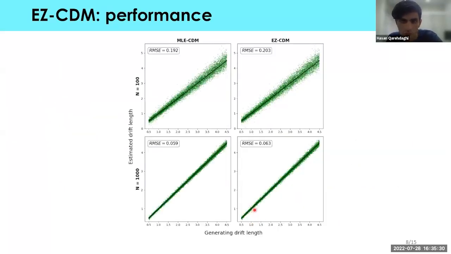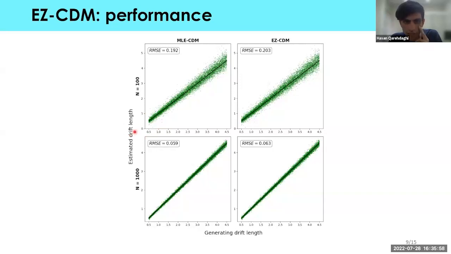To test the performance of the estimation, I compared it with maximum likelihood estimation on the whole circular diffusion model. So I simulated data sets of 100 and 1,000 trials from a vast range of data generating parameter values.